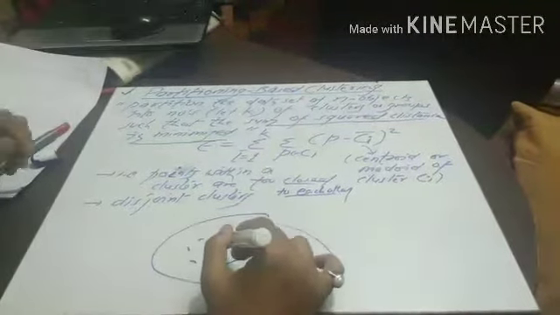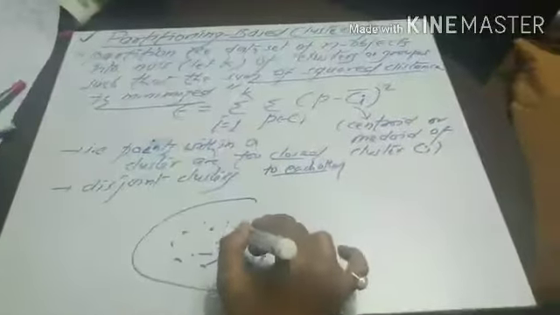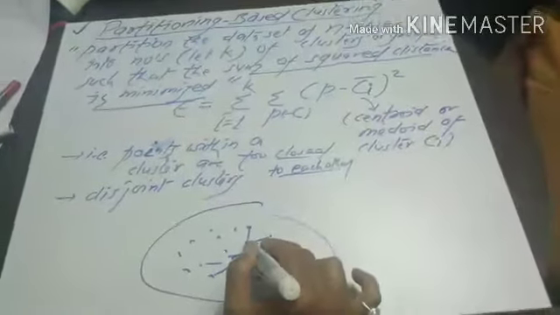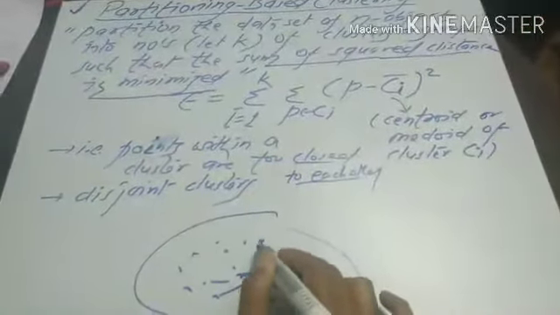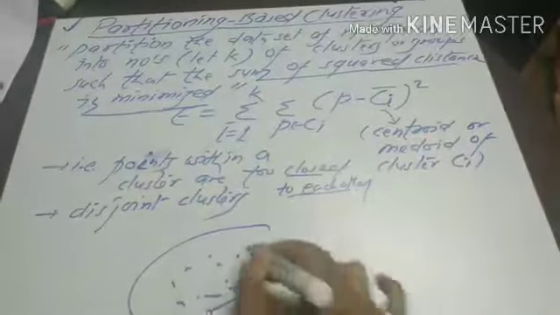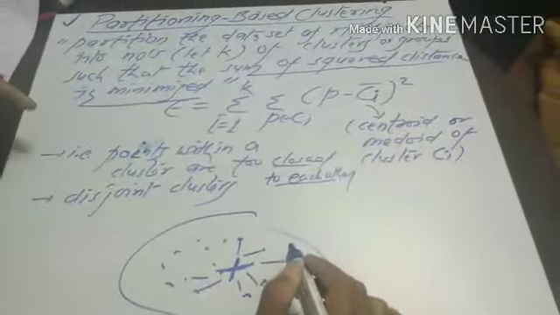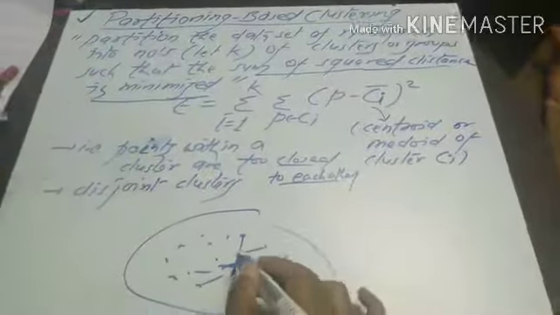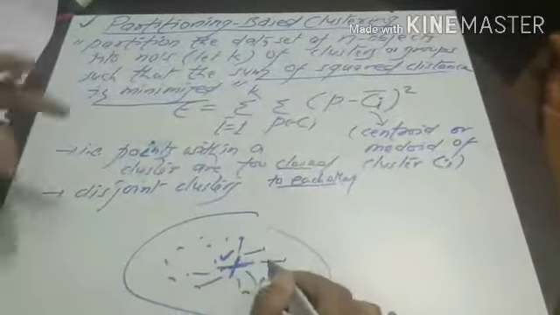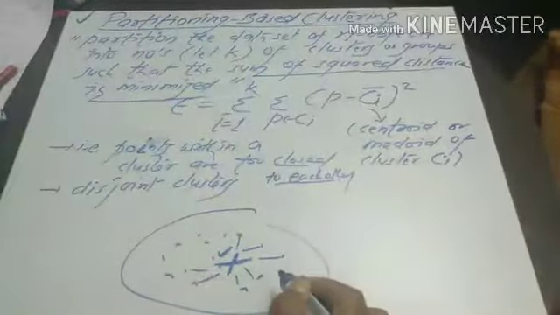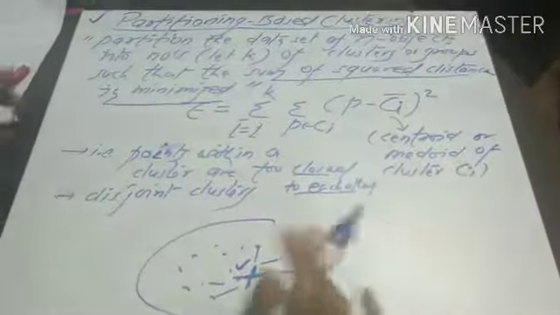So the total sum of distance between points and the mean point is minimum within a cluster. So points within a cluster are very close to the centroid or very close to each other.